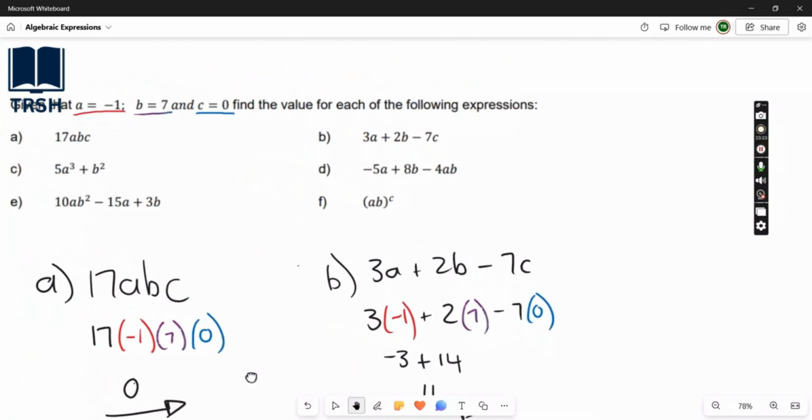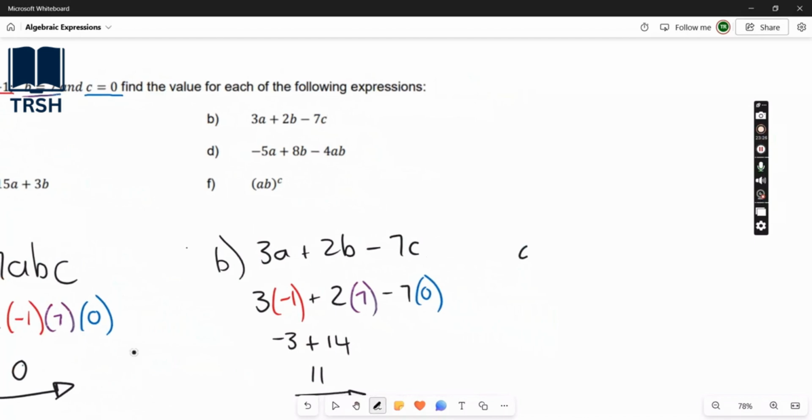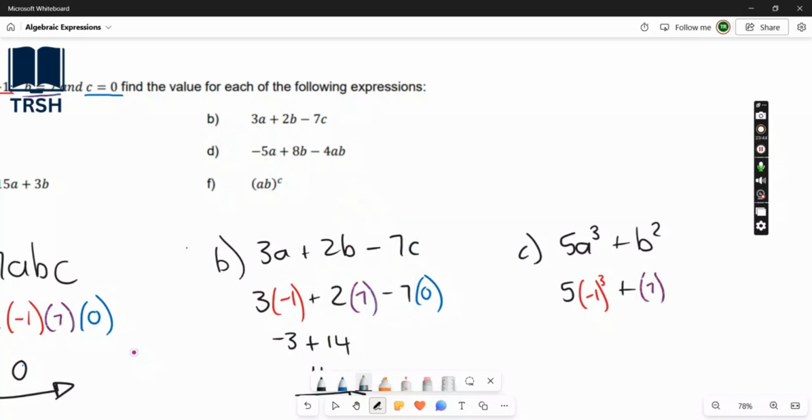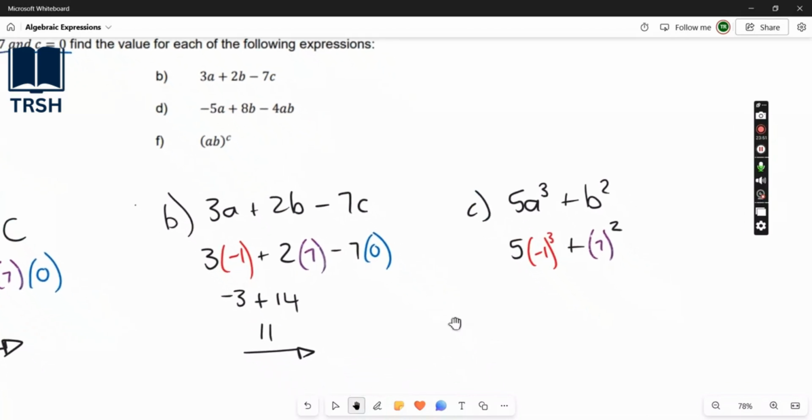Okay, so C is 5a3 plus b squared. So 5 plus, okay, so A is negative, bracket, -1 to the power of 3, and then our B value is 7, so we're just going to say 7, and then to the power of 2, and then we can just put that all in our calculator, and we can find our answer. 3 plus 7 squared.